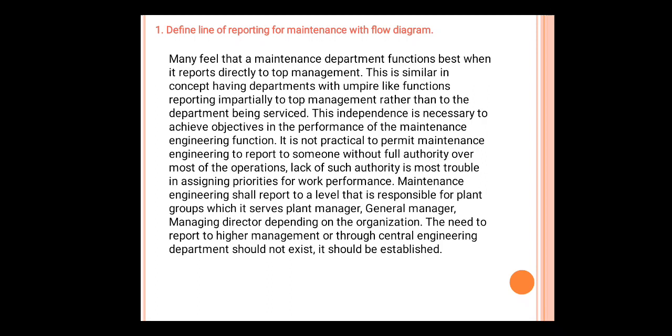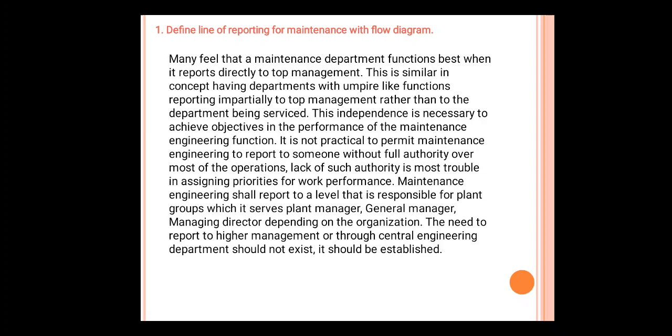Maintenance engineering shall report to a level that is responsible for the plant groups which it serves: plant manager, general manager, or managing director, depending on the organization. A central engineering department through which it must report to higher management should not exist.